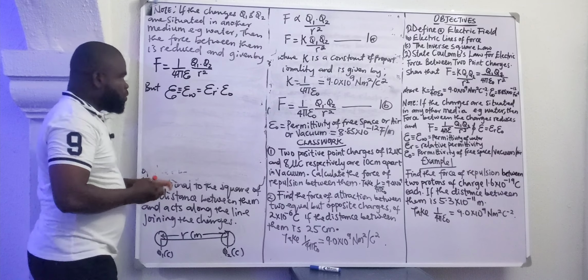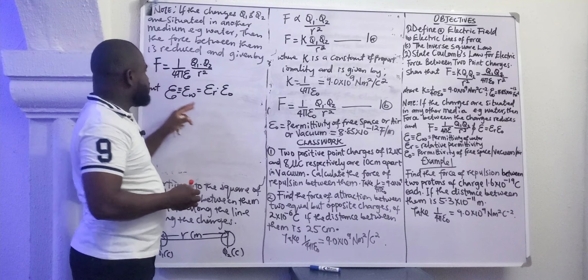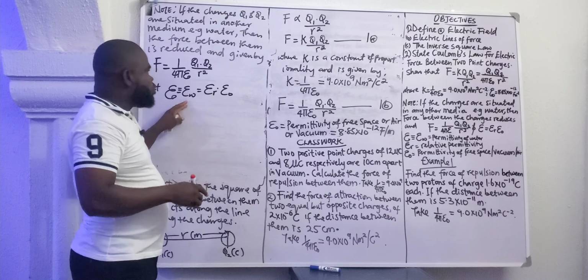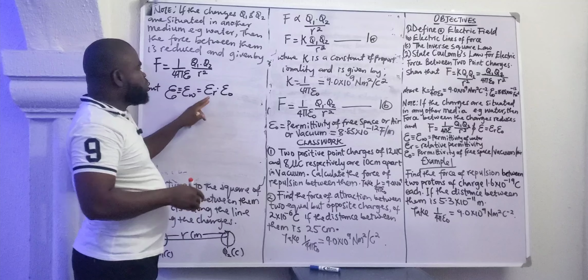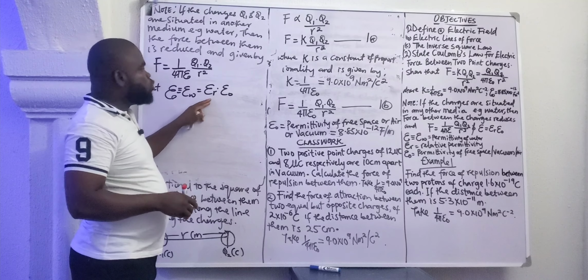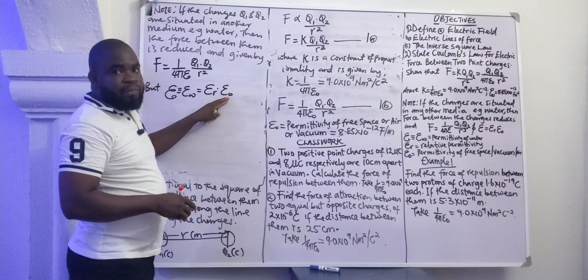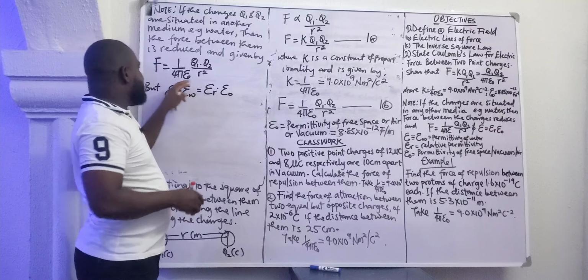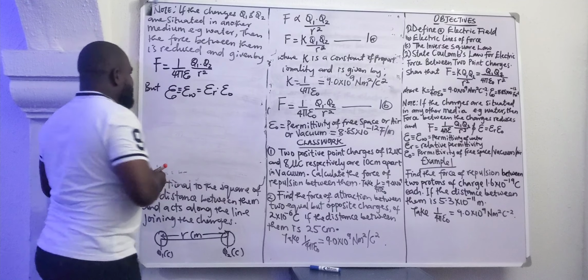Of air. So in such a question, either they give you the permittivity of water, which you use here, or they give you relative permittivity, which you multiply with the permittivity of air, and then you substitute it into the formula.